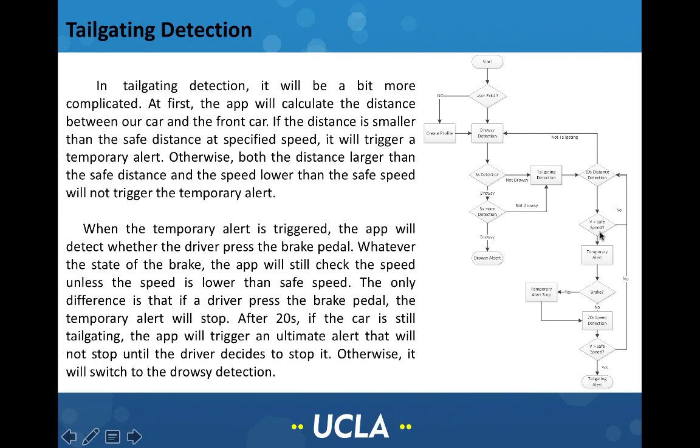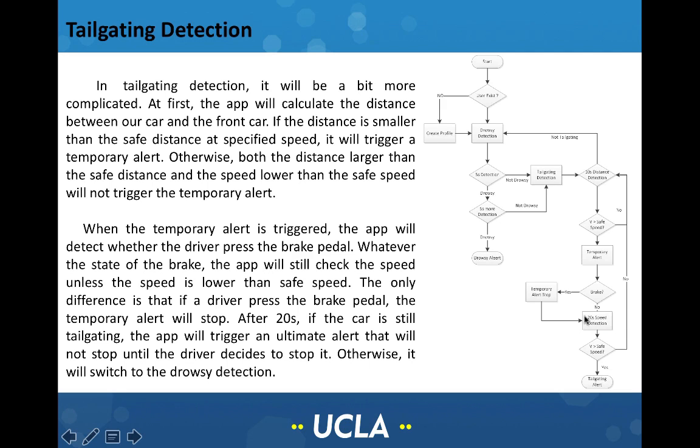When the temporary alarm is triggered, the app will detect whether the driver pressed the brake pedal. Whatever the state of the brake, the app will still check the speed unless the speed is lower than the safe speed. The only difference is that if a driver presses the brake pedal, the temporary alarm will stop.